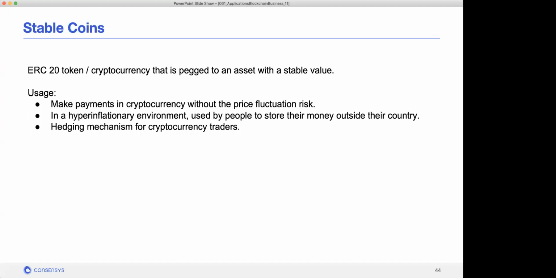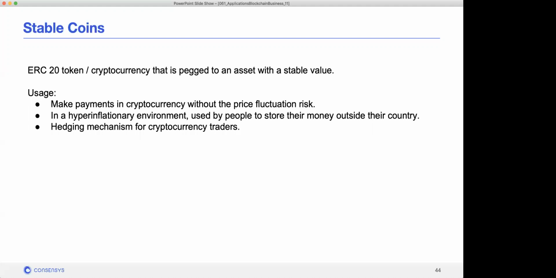This has been used in Venezuela, where they had a hyperinflationary environment, to allow people to get their money out of the country. Also in Greece, where banks suddenly stopped people from doing withdrawals, people bought US dollar stablecoins so that they could get their money out.